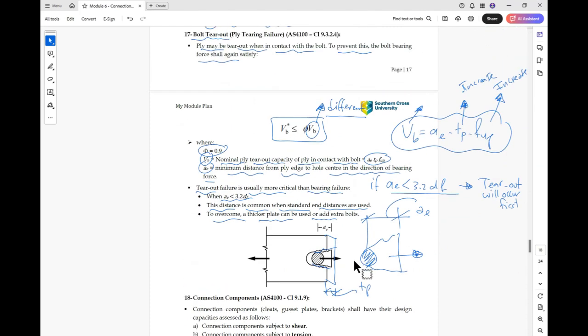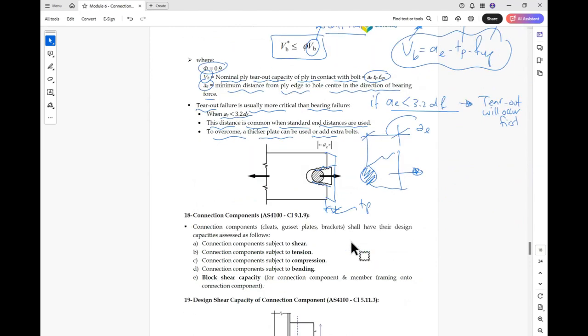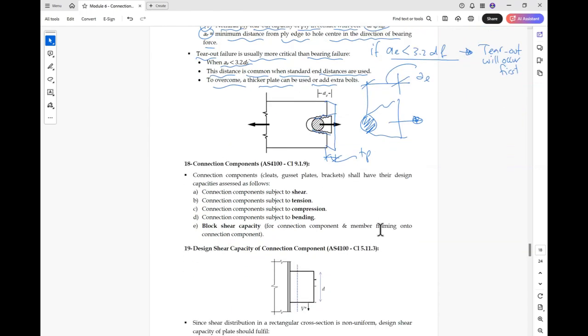So these are a few design criteria based on the failure mode of the bolts or the connected plies. Connection components, refer to clause 9.1.9.